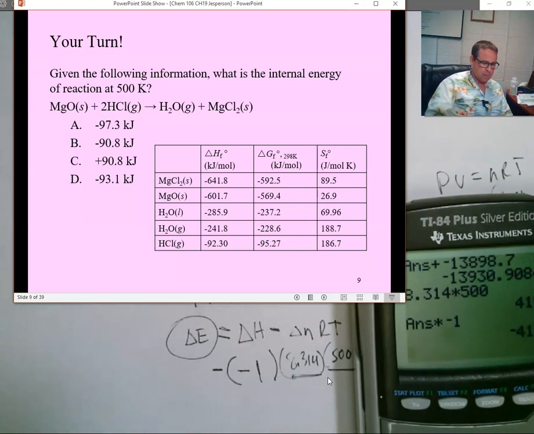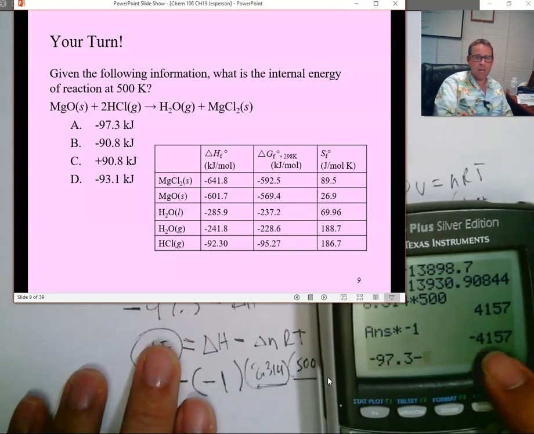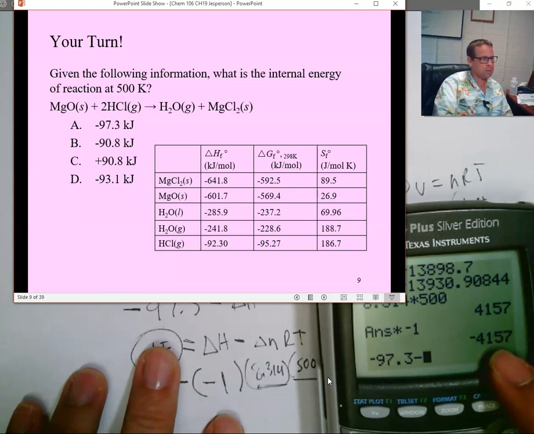And then we're going to take our delta H and subtract that. So in a way, you multiply by -1 again. But 97.3, negative 97.3 minus, now do I want to subtract my -4157, or what do I have to do to that before I subtract it, Alyssa?